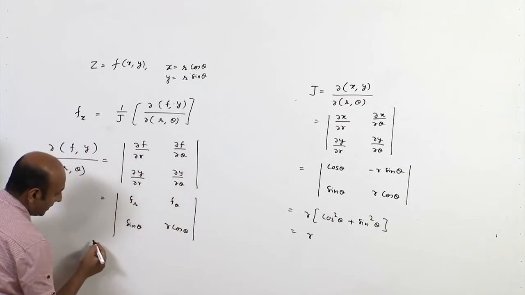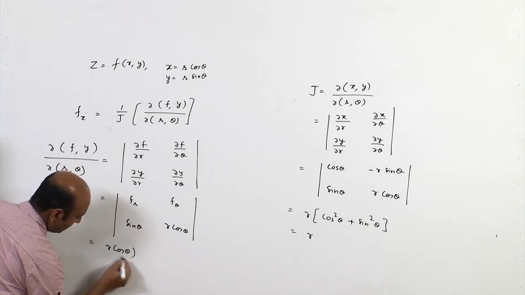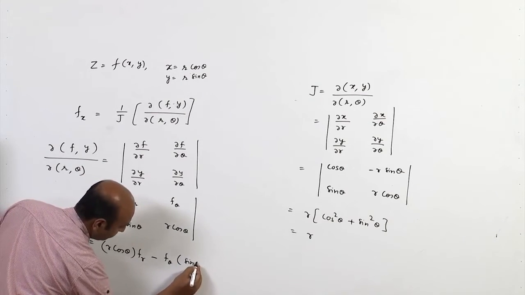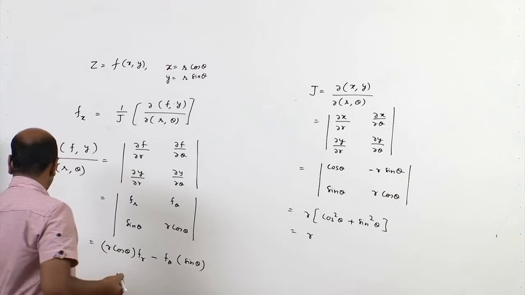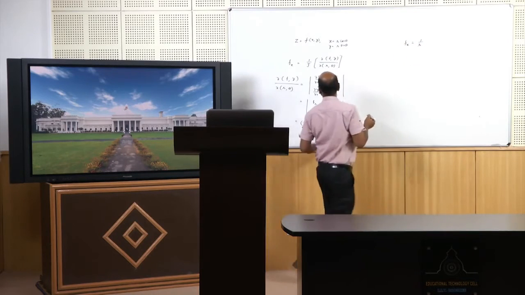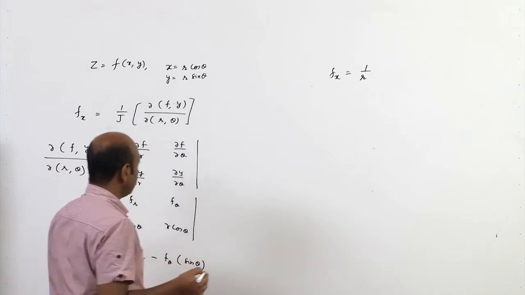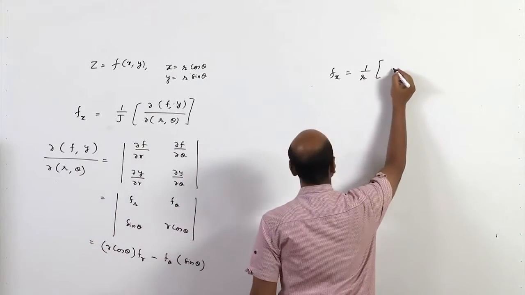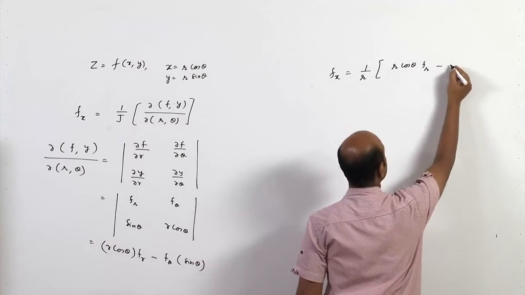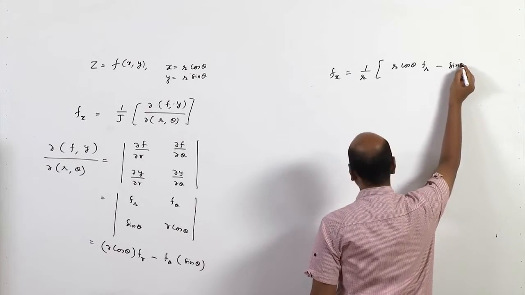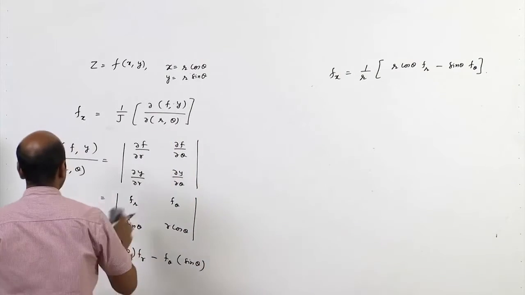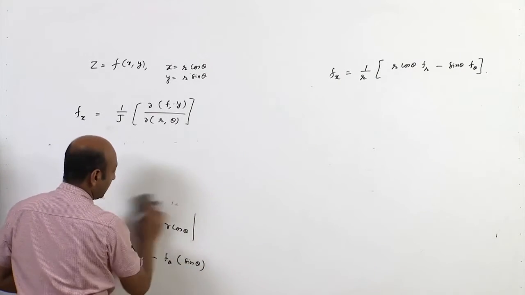So, the determinant will be r cos theta into fr minus f theta into sin theta. So, what will be fx then? So, fx will be 1 by r times, because j is r, and this value is this thing, times r cos theta fr minus sin theta into f theta. So, this is fx.